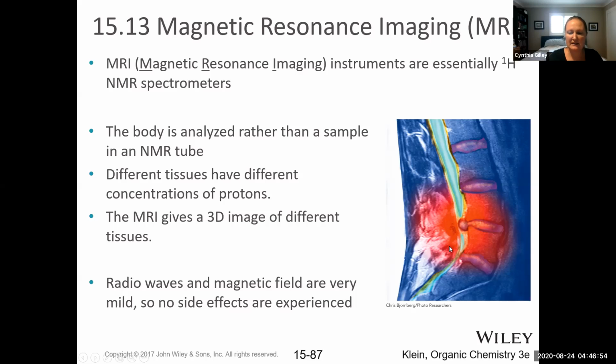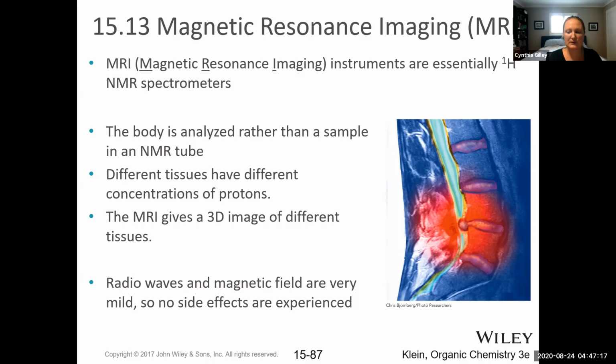So certain things in your body are very proton dense, right? Things like water obviously have a lot of hydrogens. It's not an organic molecule, but it still has hydrogen, so it's going to be NMR active. And fat as well, given the space, is very dense in protons.